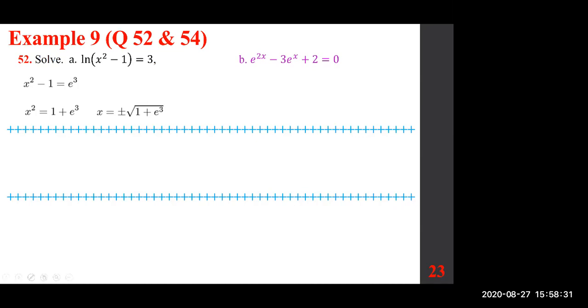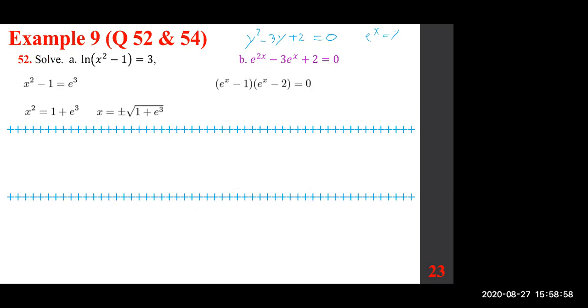Okay, let's say e to the power of x, you choose it to be y. Therefore, you have y squared minus 3y plus 2 equals 0. That's a simple factoring, which is simply (y minus 1)(y minus 2).